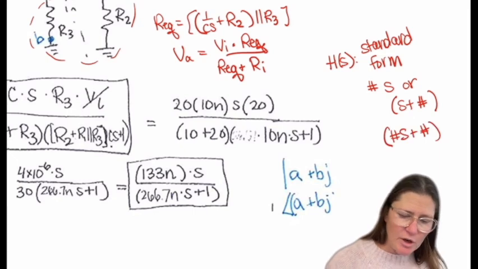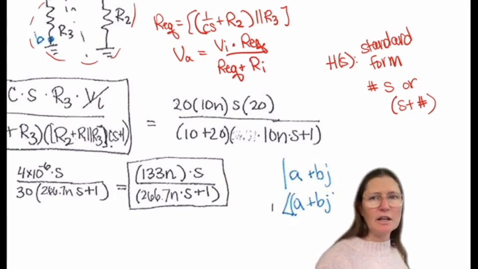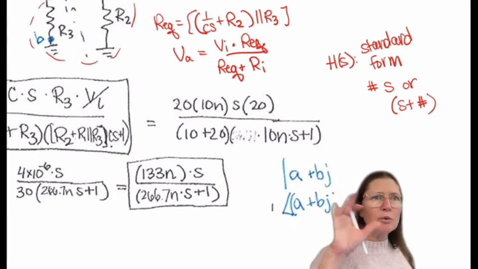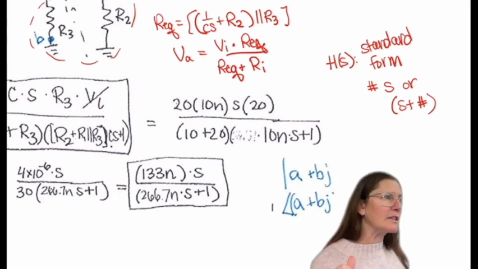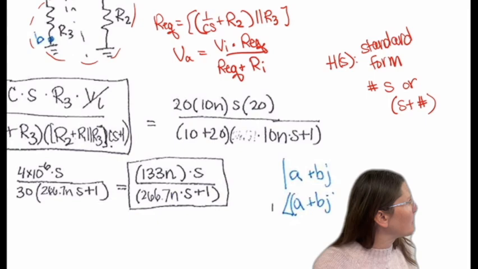But most of the time we want just S by itself. And you'll see in a second why. So those are what you mathematically have to modify it to get to standard form.